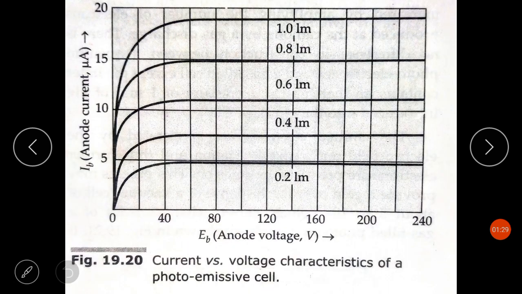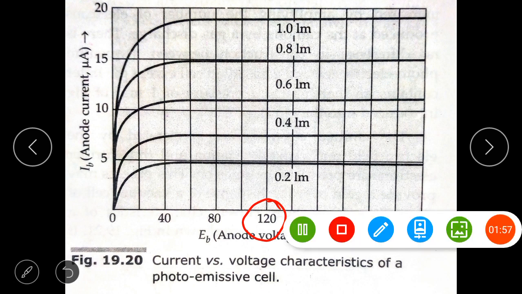So here I've shown a graph. If you take the voltage constant, and for a constant radiation, this anode current will completely depend on the luminous intensity of light.